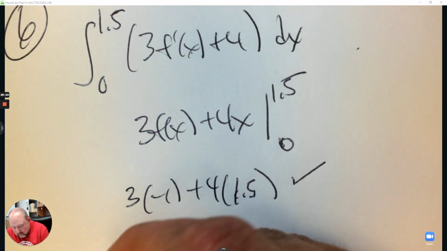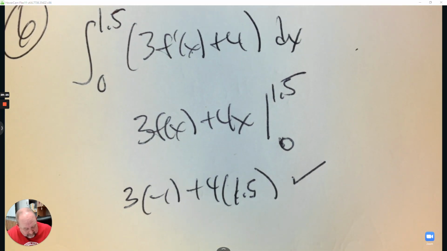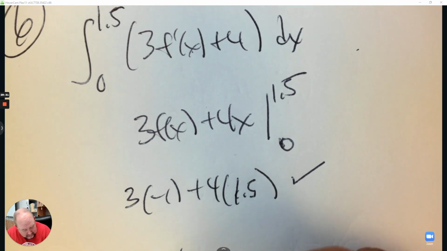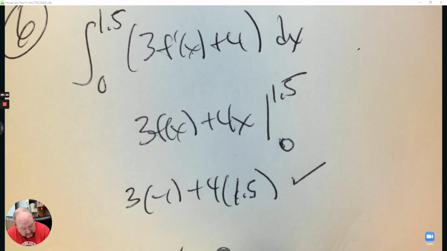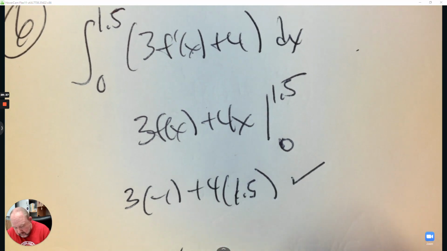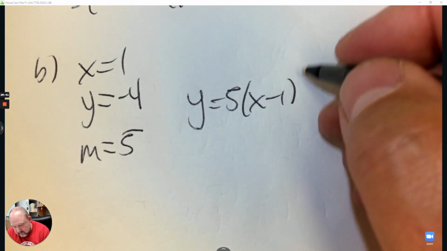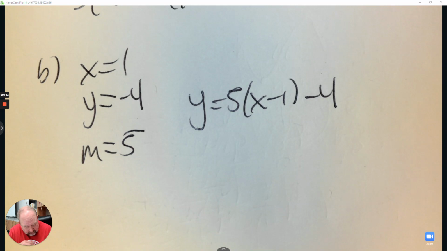B, write an equation of the line tangent to the graph at the point where x equals 1. So if x equals 1, looking off the chart, y is negative 4. And the slope there is 5. So it should be y equals 5 times (x minus 1), minus 4 for the tangent line.